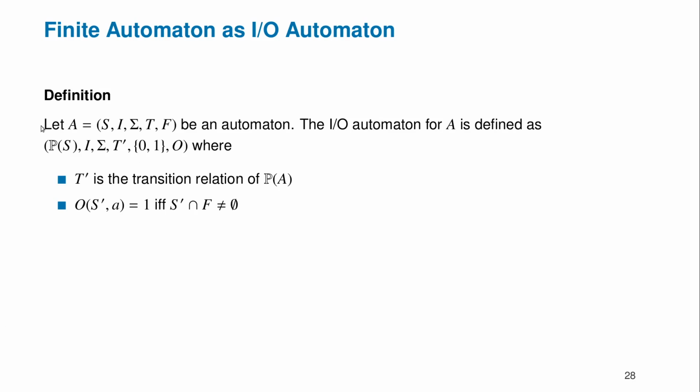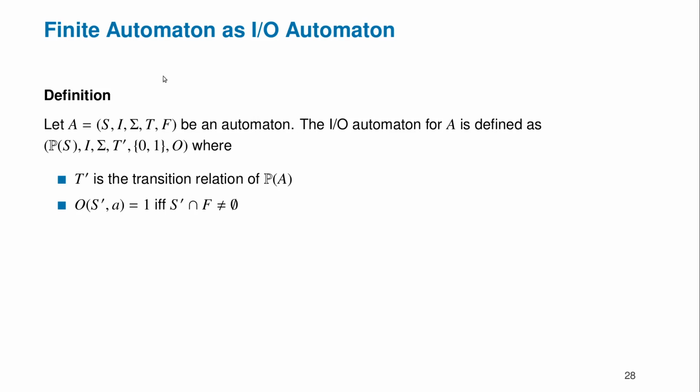So assume we are given a finite automaton as usual, and what we have to be careful about is that this automaton is not necessarily deterministic, and in order to ensure that we have an automaton that is deterministic and accepts the same language, we simply use the power automaton. So we start from the power automaton and extend it a bit to obtain an I/O automaton.